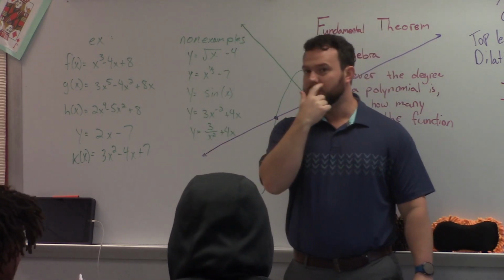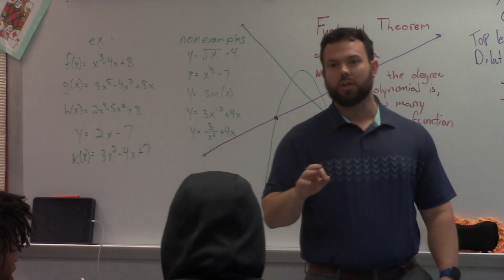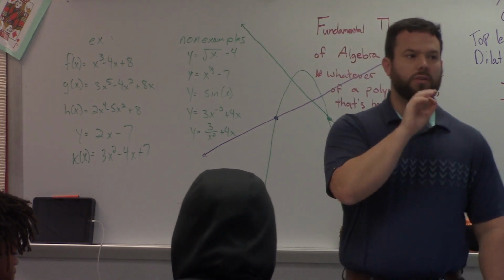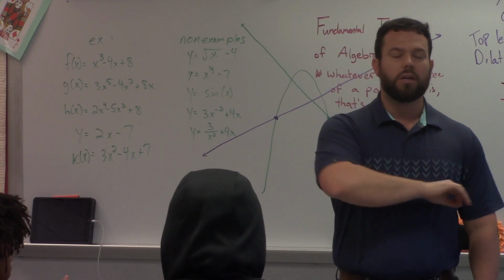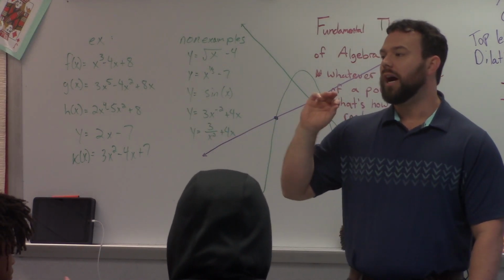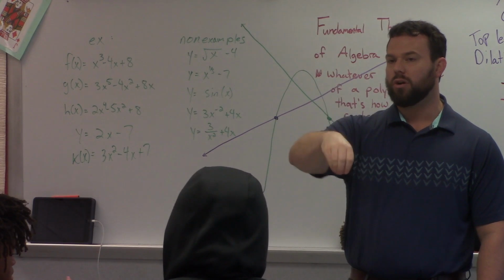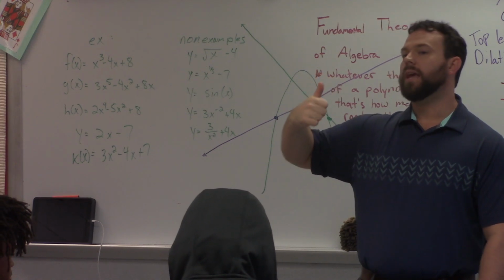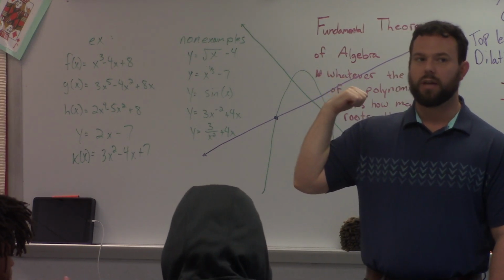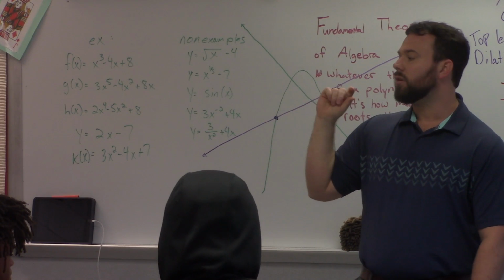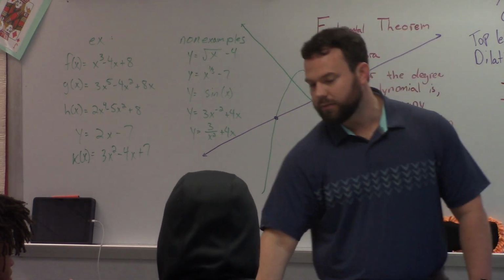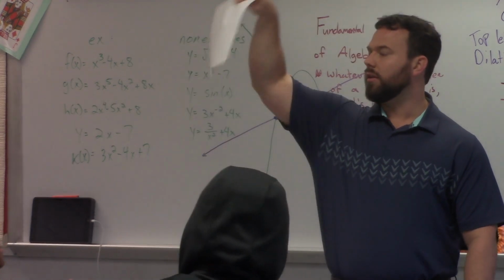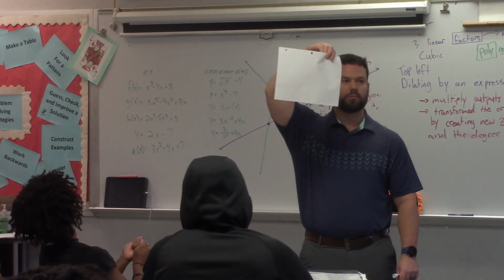I want you to come up with a conjecture, a prediction of what you think makes a polynomial, and what makes things not polynomials. I want you all to talk about it as a small group for 2 to 3 minutes. We're going to come back together and come up with a proper definition, algebraically at least. So, write your predictions down for what a polynomial is on the back side of this sheet.